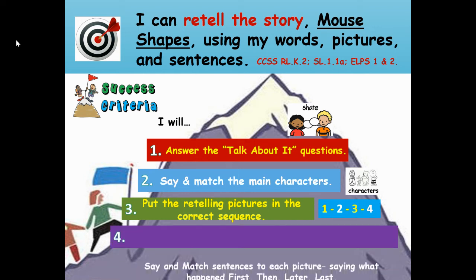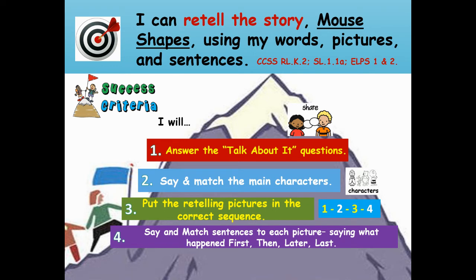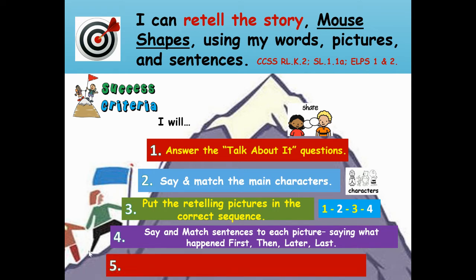Number 4, I will say and match sentences to each picture, saying what happened first, then, later, and last. And finally, I will say and match the lesson or moral of the story. What did you learn from the story, or what did the characters learn?